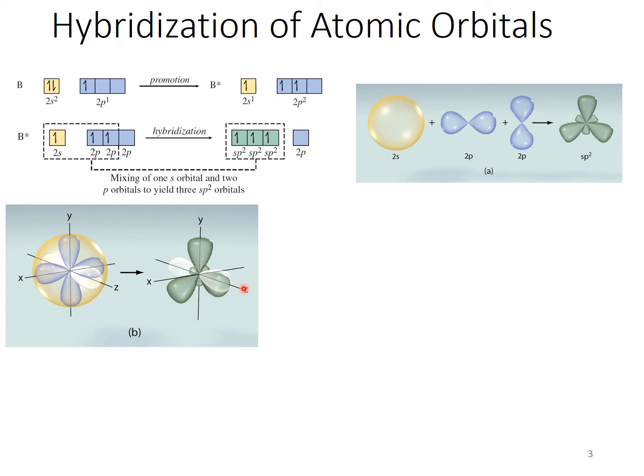They'd be along the xy plane, and they'd be 120 degrees from each other. Along the z direction, we still have a 2p orbital, the 2pz, that's floating along the z direction.